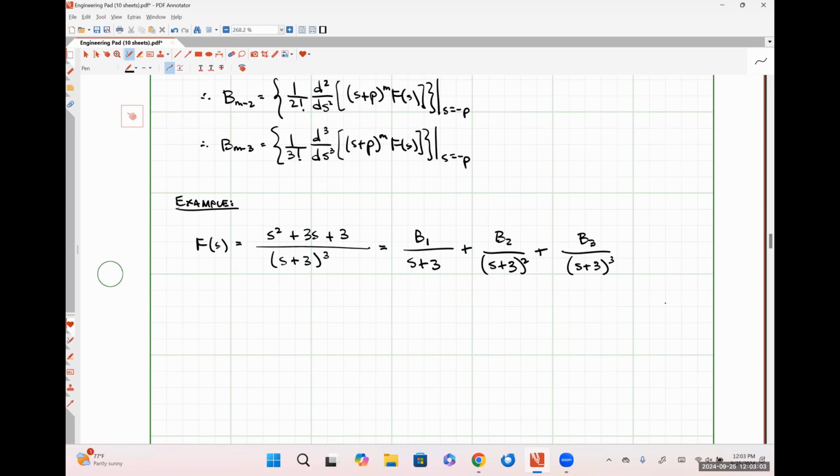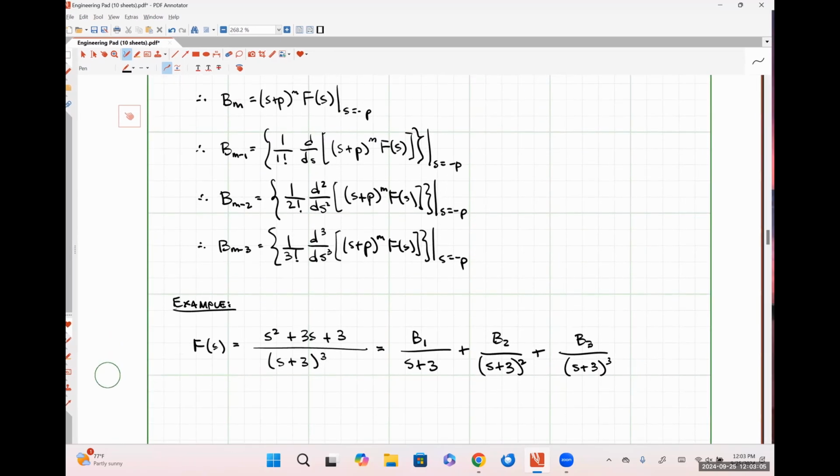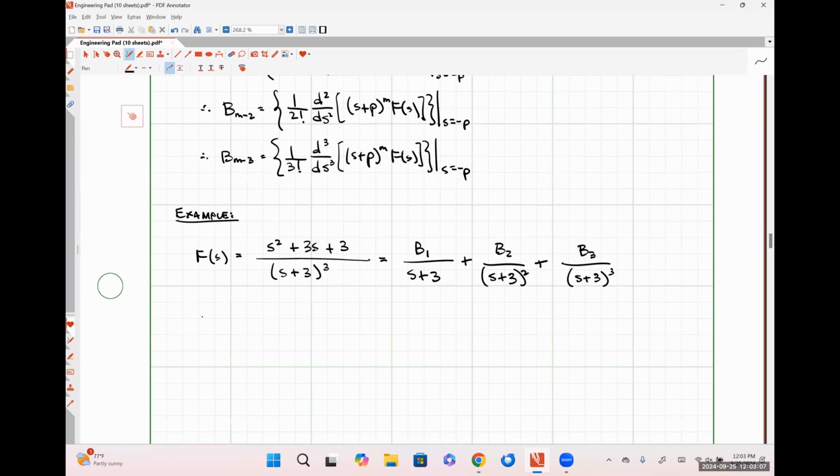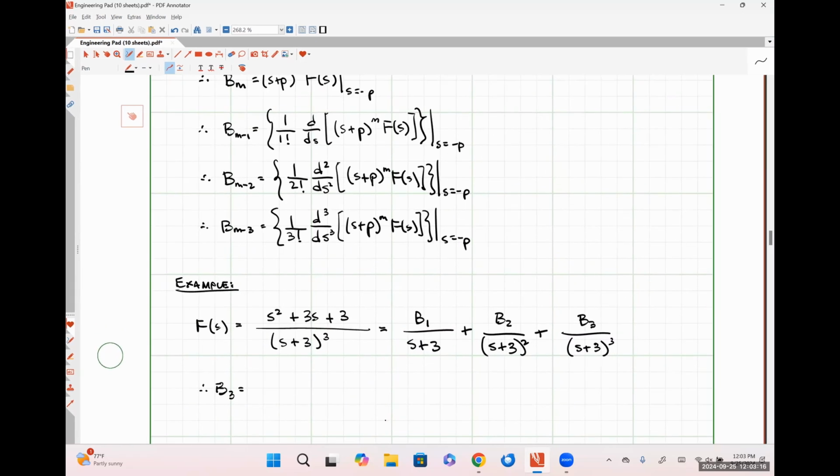Using our expression up here, the first thing that we're going to solve for is b3. We solve for the highest order one first. We're just going to take this function, multiply it by the denominator effectively, and then evaluate this at s is equal to -3.